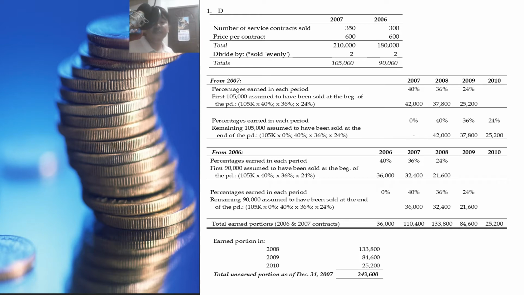And 105,000 times 24% is 25,200 for the third year, and there is nothing after that, so it is 25,200. Then, since we said the sales are even, we assume that some of the service contracts were bought in the last part of the year, so they will overlap into next year. So, some are still within 1 year, right? So, 105,000 times 40%, the same, 42,000.